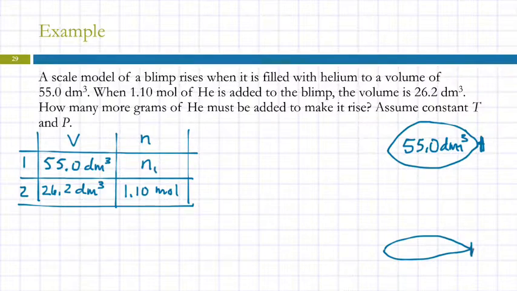It's kind of flat. 26.2 cubic decimeters. When we have 1.1 moles of helium, this is the volume. So down here, this is 1.10 moles of helium. And what we want to know is how many more grams do we have to add so it'll float?